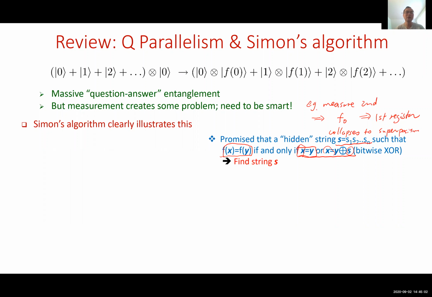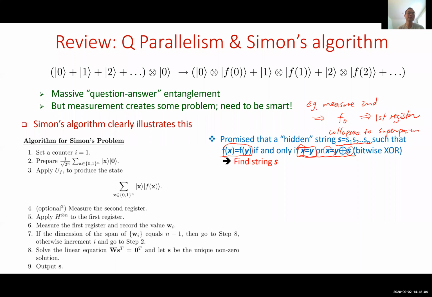And here is the summary of the algorithm. Just ignore one. You prepare this, which is exactly what we do here. You prepare all possible inputs, and then you have a blank register in which you can store the answer.